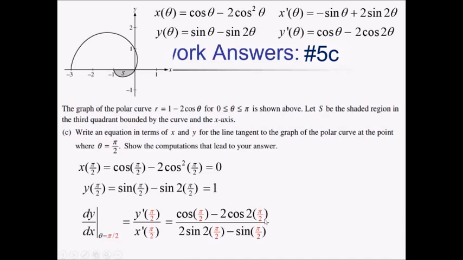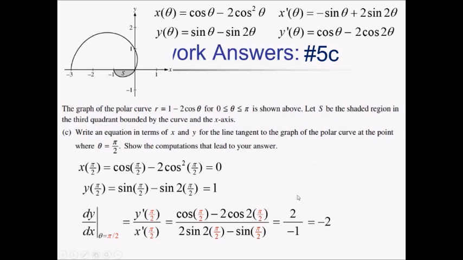And then simplifying things a little bit, although we don't actually have to at this point because this is all constants, but just for the sake of practice here, we've got cosine of pi over 2 is 0. This is really cosine of pi, which is negative 1, times negative 2 gives us positive 2. Downstairs, we've got sine of pi, which is 0, negative sine of pi over 2, that's going to be negative 1. So negative 2 when the dust settles.